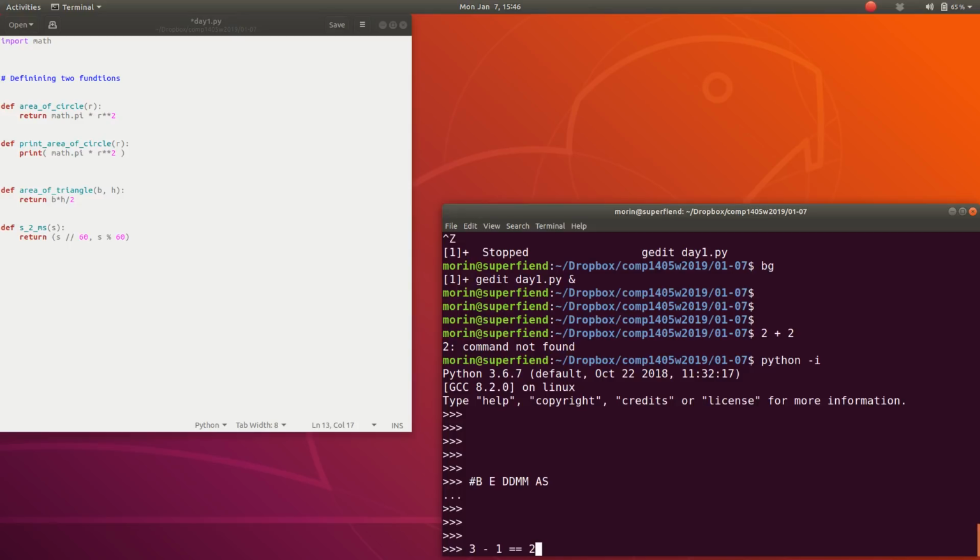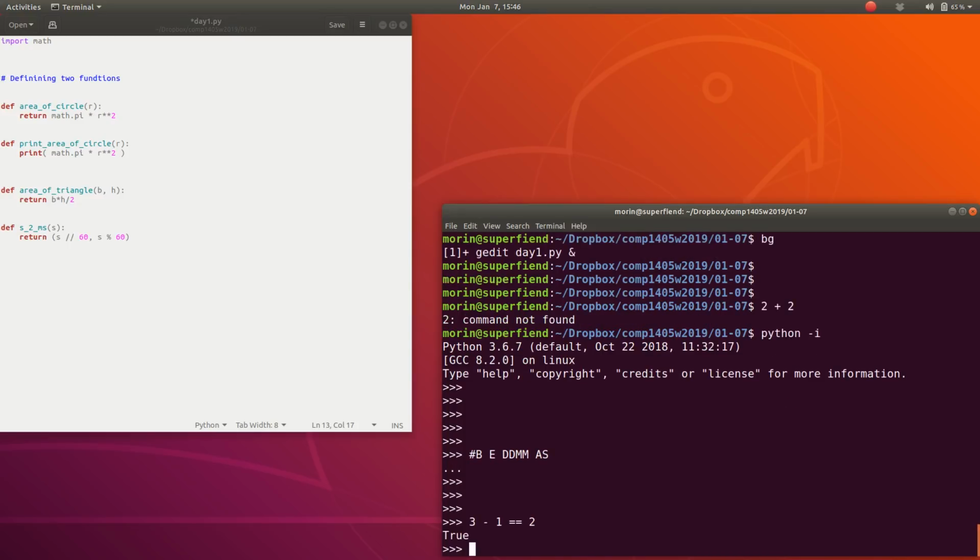Is 3 minus 1 equal to 2? In this case, the answer is yes. But it's just one of these binary operators like all the other ones, like the subtraction operator, the multiplication operator, the division operator. So it has to fit into this BEDMAS thing somewhere. Now, where does it fit? Well, we can figure it out.